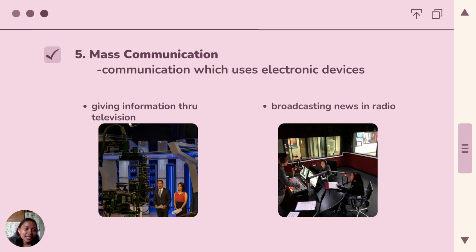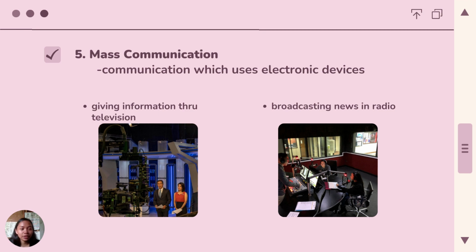So it is communication which uses electronic devices. An example here is giving information through television. So there is a media present, the television. You deliver news through television. And then also broadcasting news on radio. So there are electronic devices present.